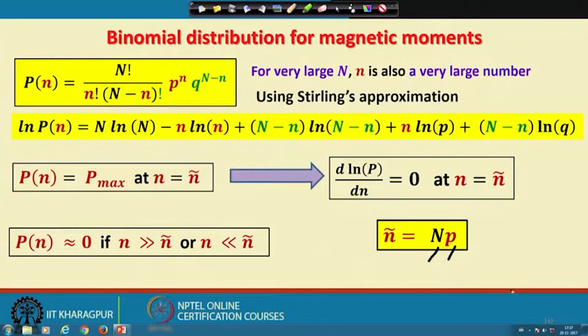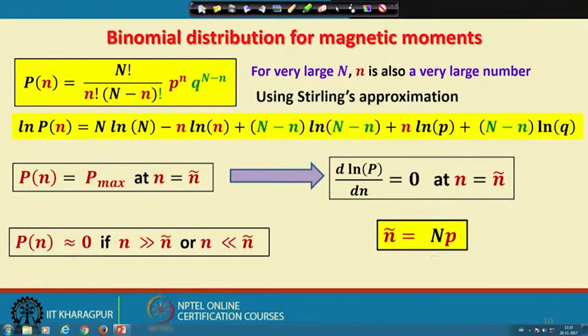And therefore, for the system where I talked about the symmetric distribution, p was equal to half. As a result, we saw that n tilde, the location of the maximum, was at capital N divided by 2.